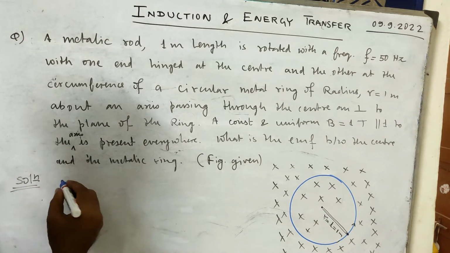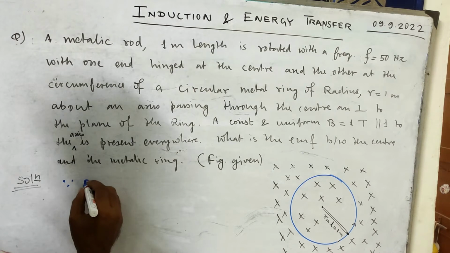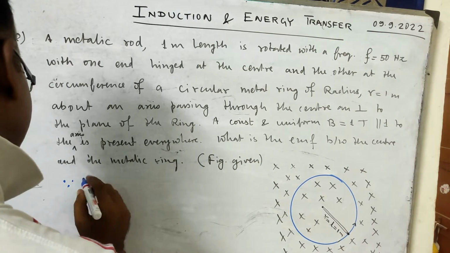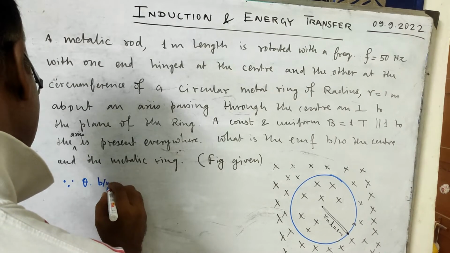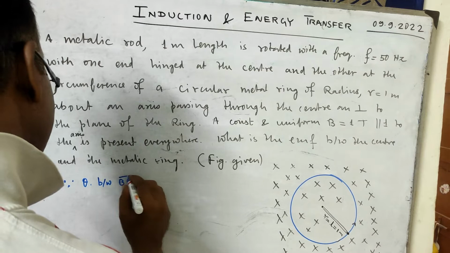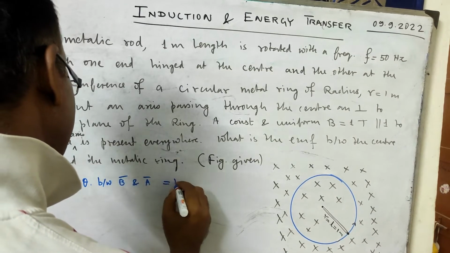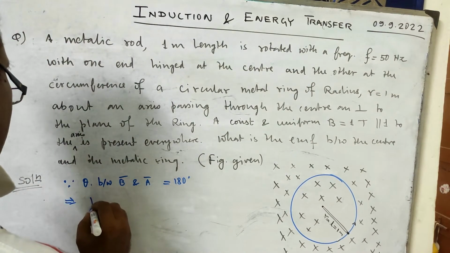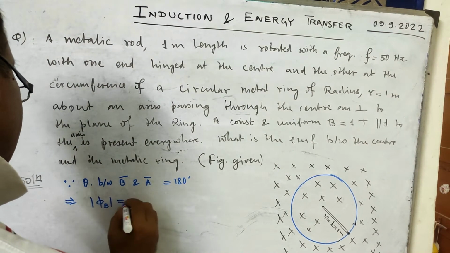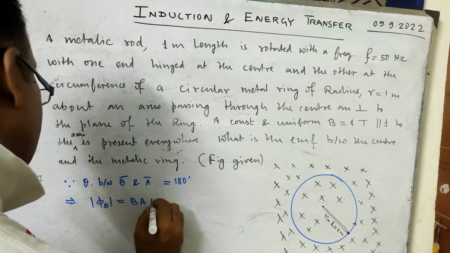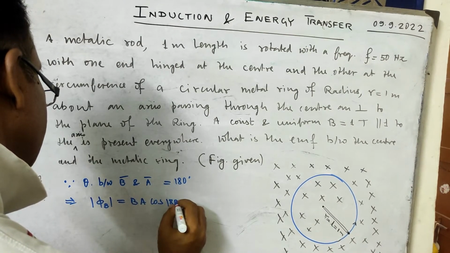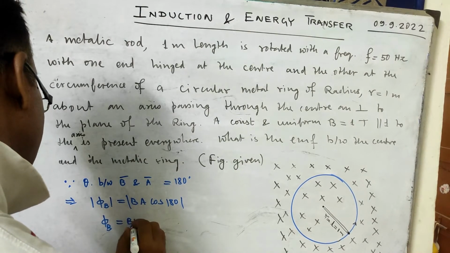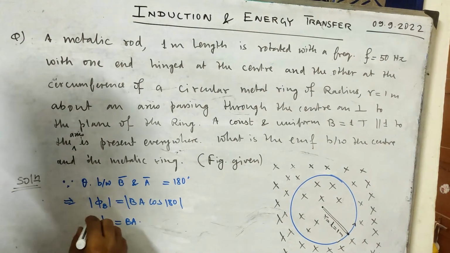Since theta between B and A is 180 degrees, the magnitude of phi B is BA cos 180, so phi B is equal to B times A.